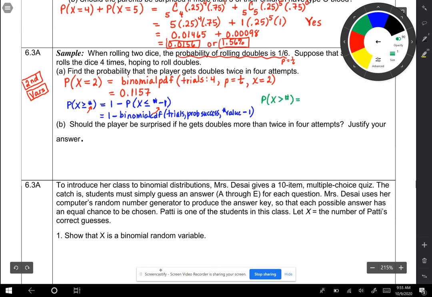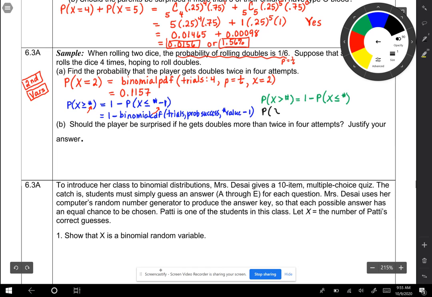So here you would do 1 minus the probability, and here you include the number. So if x is greater than 5, it'd be 1 minus the probability x is less than or equal to 5. I won't put all the trials; it's the same thing.